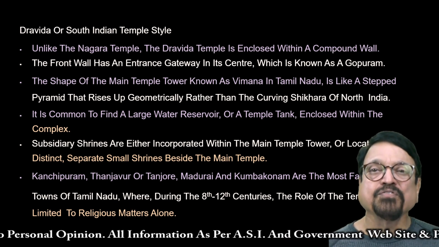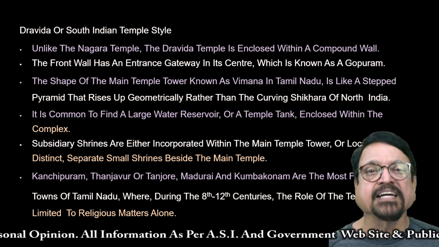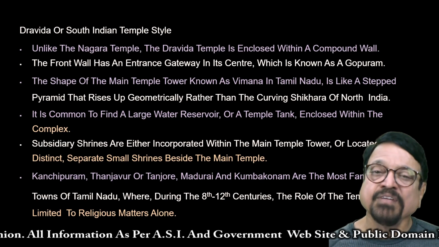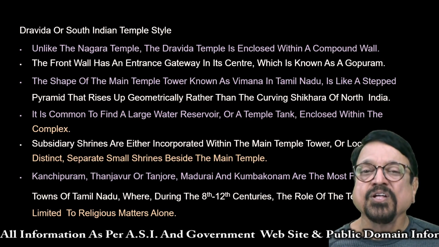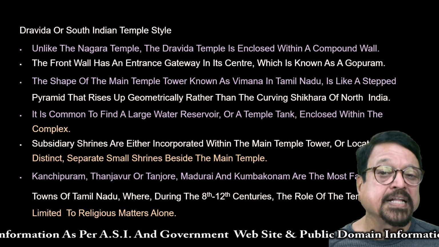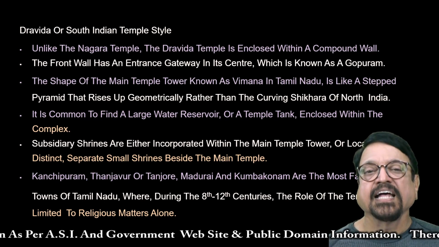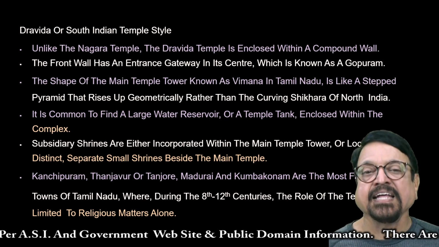It is common to find a large water reservoir in the south, while a Kalasha is seen in the case of North Indian temples, over the Shikharas. Now, water sources in North India are many.